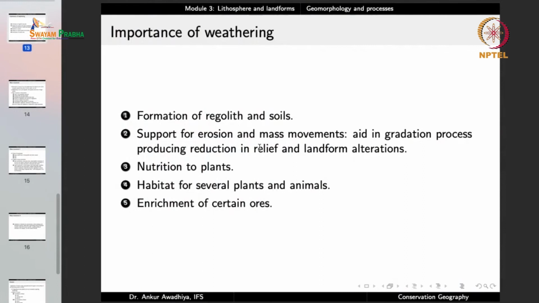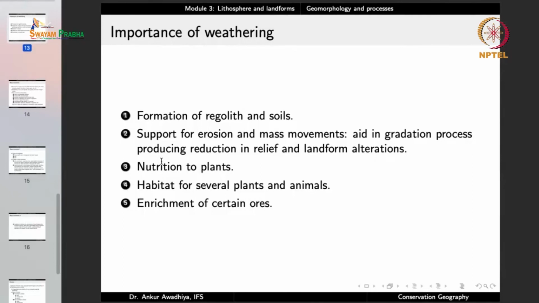Support for erosion and mass movements. They aid in the gradation process, producing a reduction in relief and landform alterations. Now, in the process of weathering, large size rocks are broken down into smaller fragments. It is easier for agents such as wind and water to transport smaller fragments because they have a lesser mass, they have a lesser weight as compared to larger fragments.